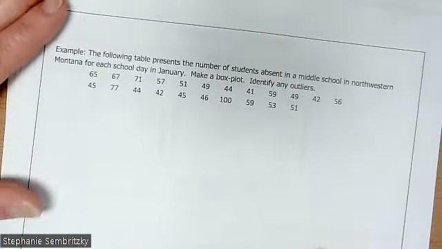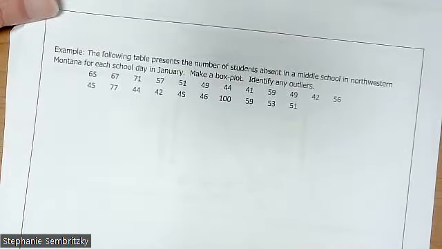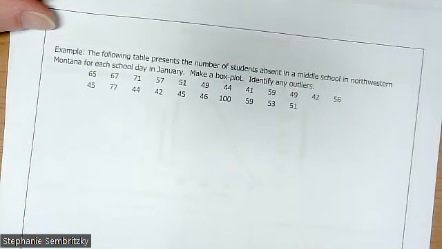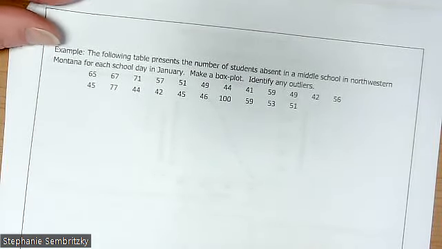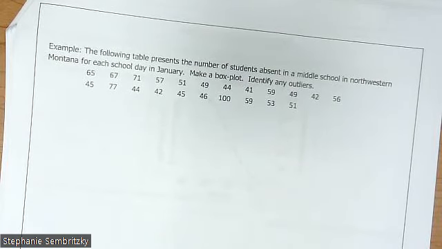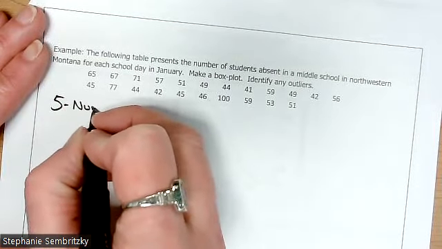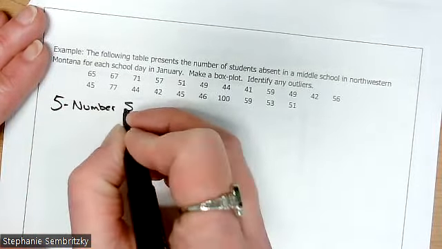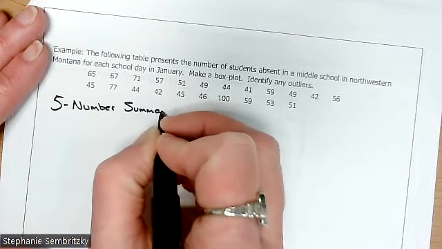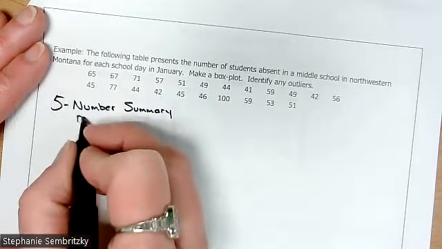All right, let's do one example here. The following table represents the number of students absent in middle school. Make a box plot and identify any outliers. If you want to do it by hand, feel free. 5-number summary. I would do it in the calculator.